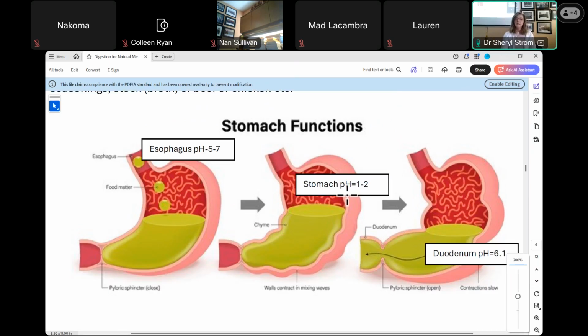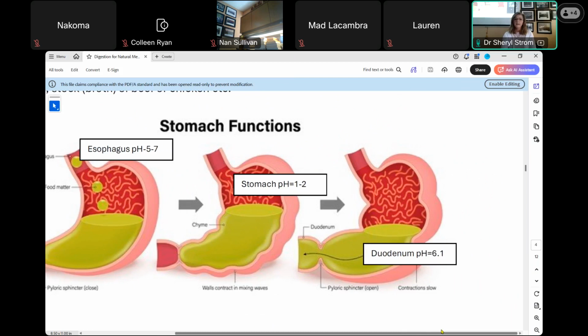And again, you still have a peristaltic motion. The stomach is moving and helping to churn. And then the food will eventually move through the pyloric sphincter and enter into the duodenum. And in this area, the pH is about 6.1.